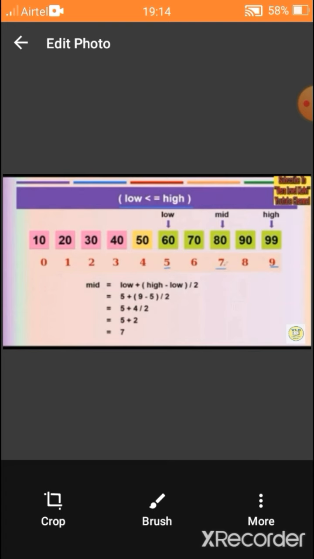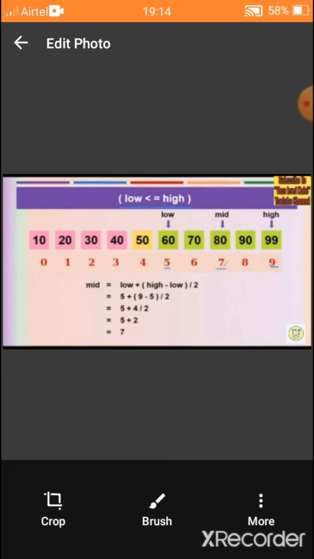So 5 is subtracted from 9. After subtracting, it is divided by 2. So 9 minus 5 is 4. 4 is divided by 2. We will get 2. It is added to the lowest index value, that is 5. Now our new middle value is 7.